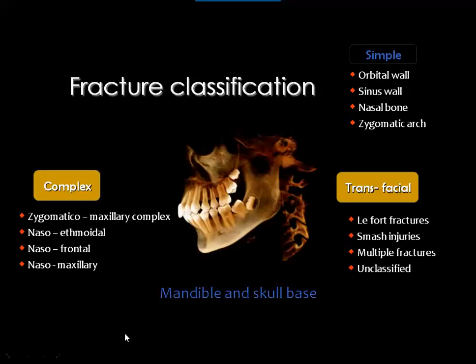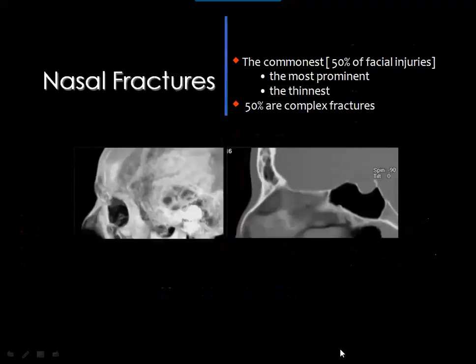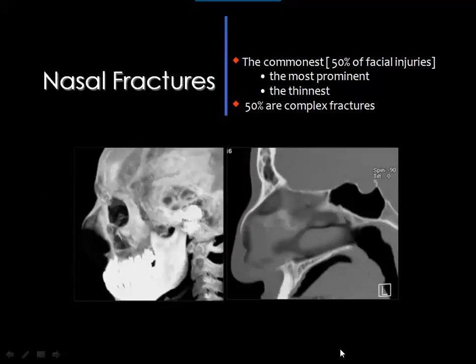Then the extensive or transfacial fractures, which include the famous Lefort fractures and the smash injuries, then unclassified and multiple fracture lines. And starting with the nasal fractures, or simple fractures, the most common example is the fracture of the nasal bones.